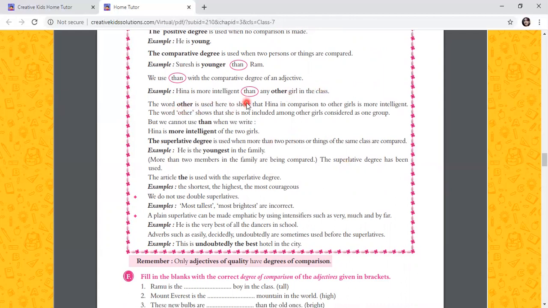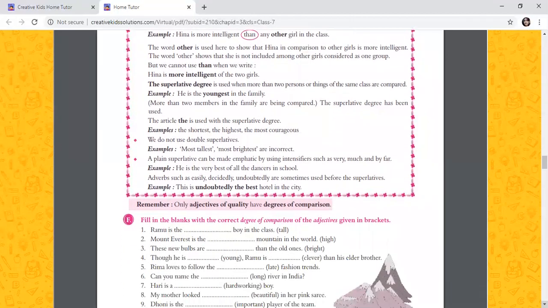Here you see, Hina is more intelligent than any other girl in the class. Here, than is compulsory in the sentence. Then superlative degree of adjectives. Superlative degree is used when more than two persons or things of the same class are compared.